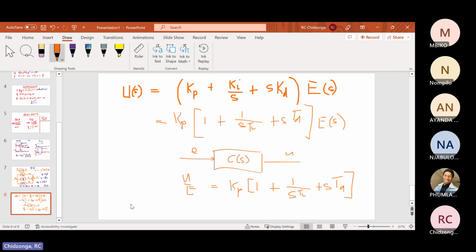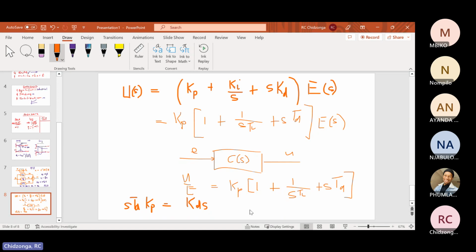So in other words, S Td times Kp is equal to S Kd, meaning that our Kd is the product Td times Kp.